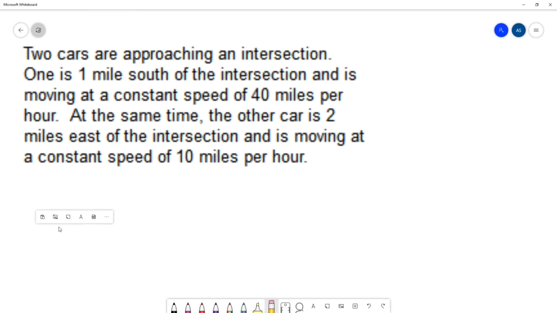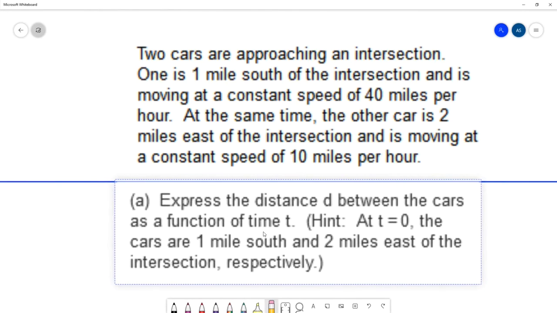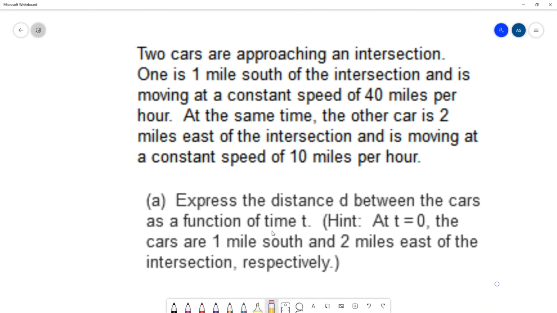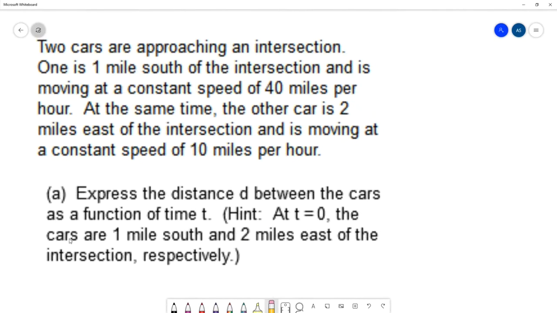So in this question, what we want to do is express the distance between the cars as a function of time. At t equals 0, the cars are 1 mile south and 2 miles east of the intersection respectively. So this is going to help us with our picture.